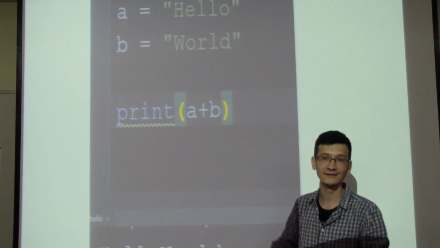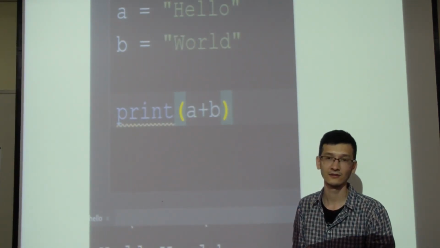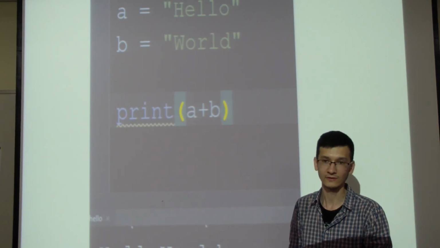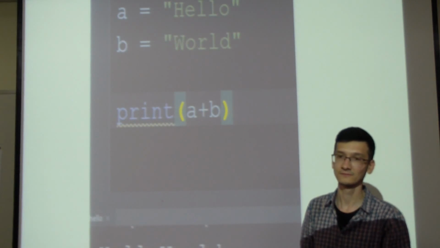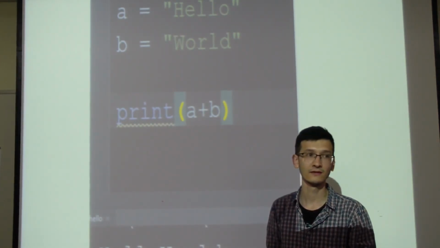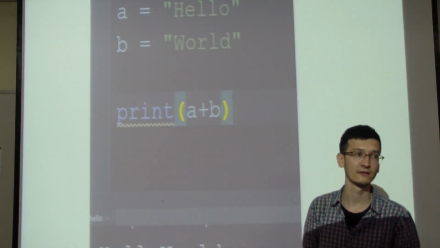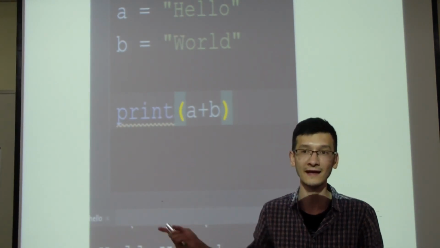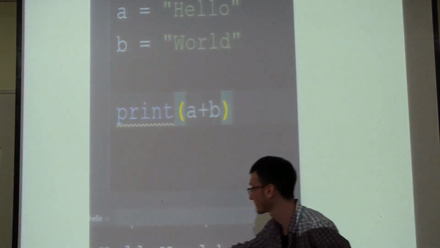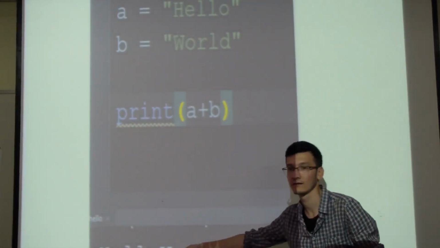I think plus means adding together, but if we give the comma, it will be separate. Can you find it by typing this code on your computer? Okay. Can you find the answer? We should have space here.